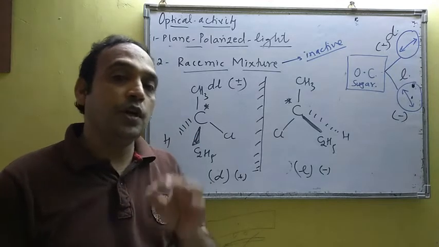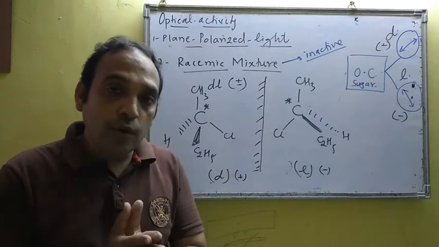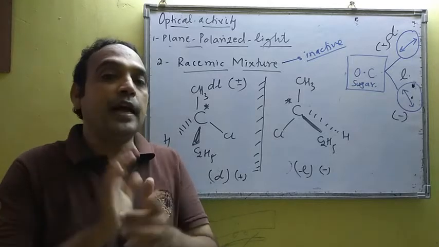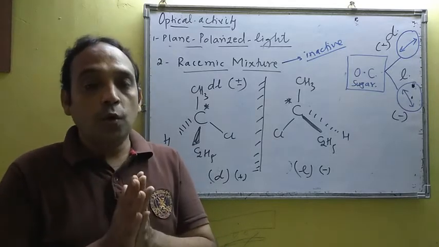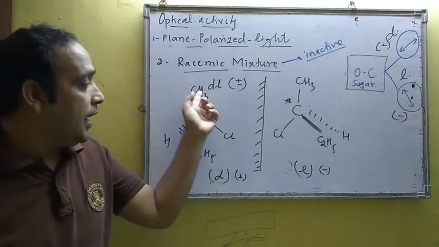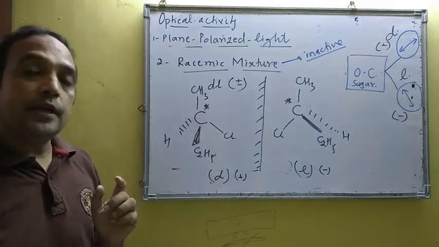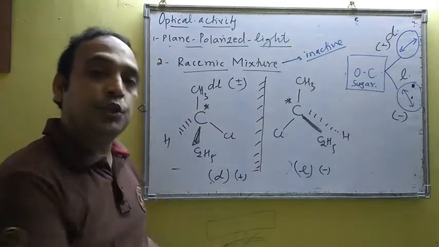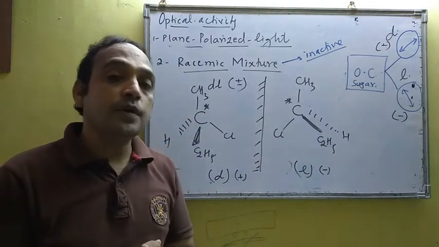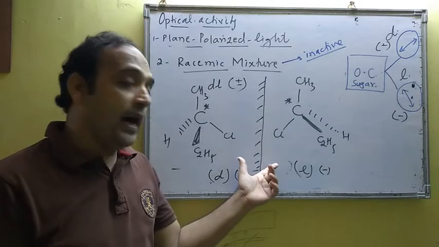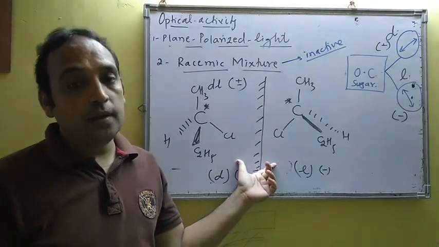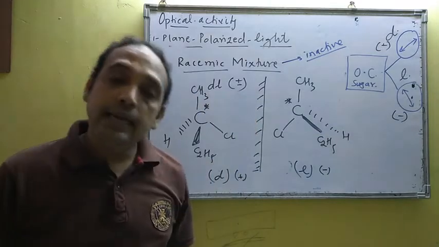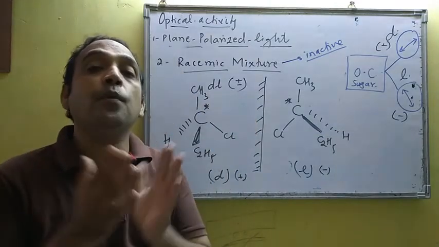Then optical isomers: stereoisomers which have different spatial arrangements of atoms or groups around the chiral carbon. Then enantiomers: optical isomers which are non-superimposable mirror images of each other.